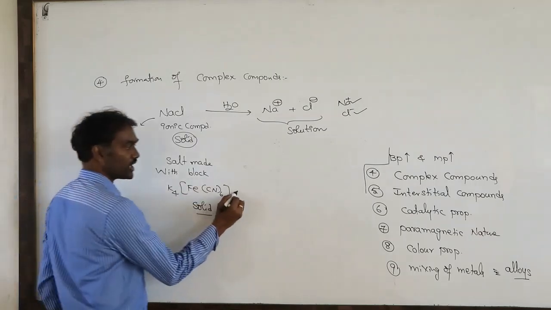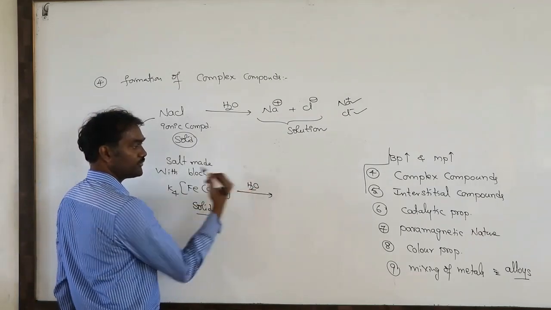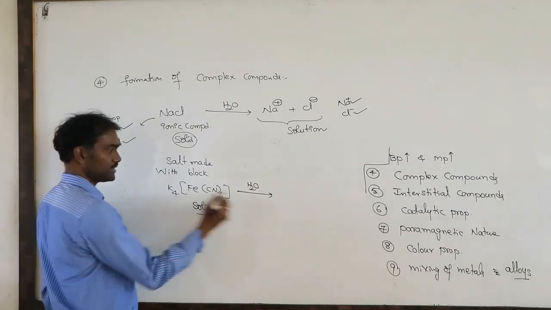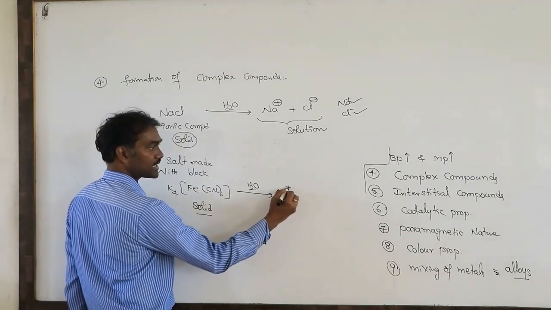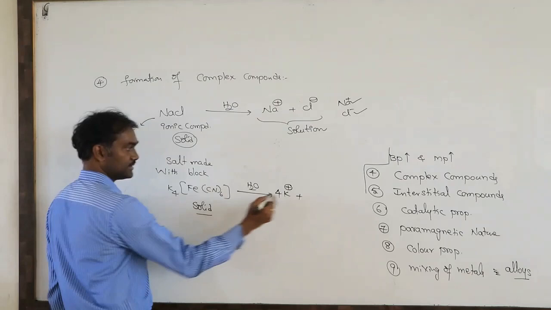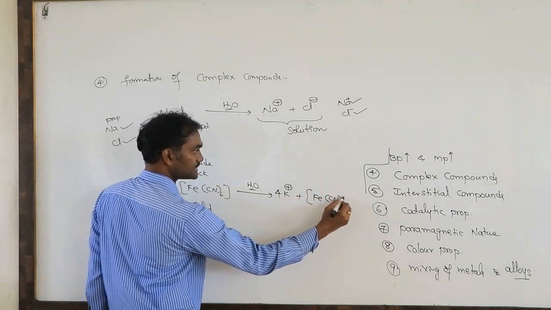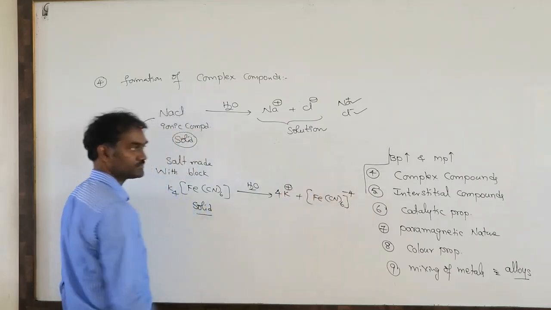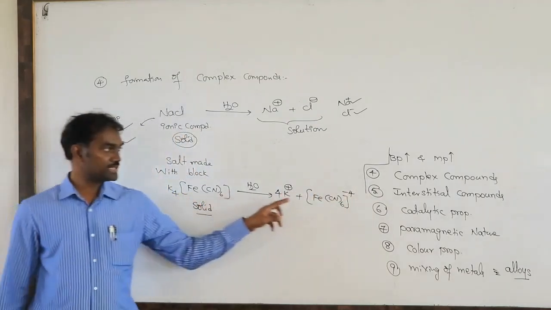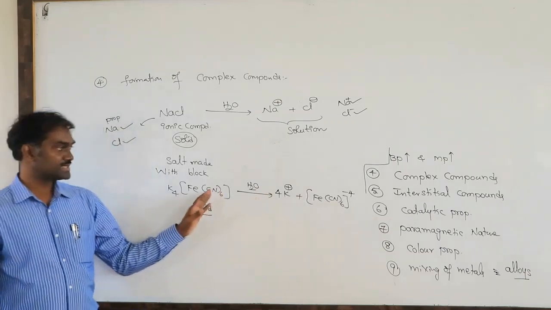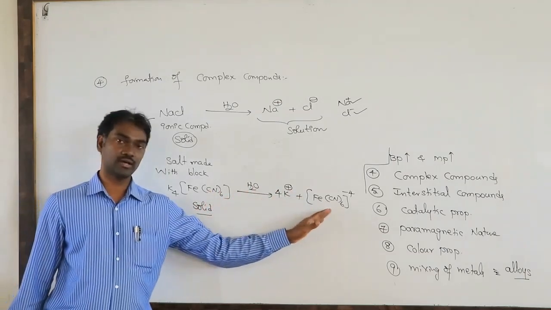You take it into the water. If you take it into the water, what happens? Four potassium ions come outside. Next, you are getting [Fe(CN)6]4-. A single iron is not coming outside, and the six cyanide ions are not coming outside.